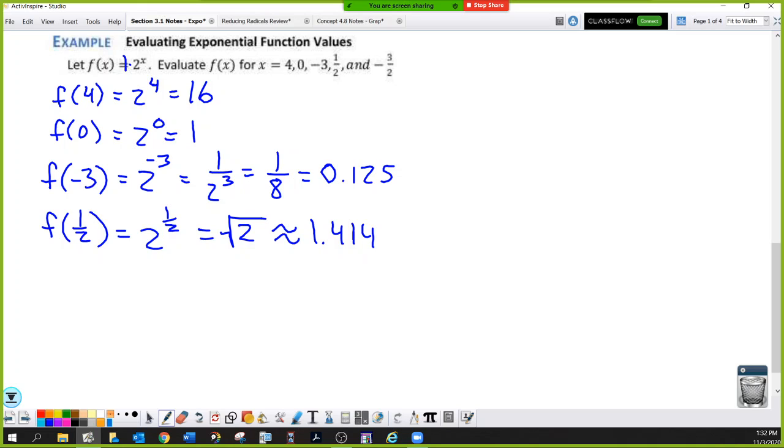And then lastly, f of -3/2. I'm going to scoot over to the right. 2 raised to the -3/2. Goodness. Well, just a second ago we saw a negative exponent flip this thing over, right? So it's going to be 1 over 2 to the 3/2.